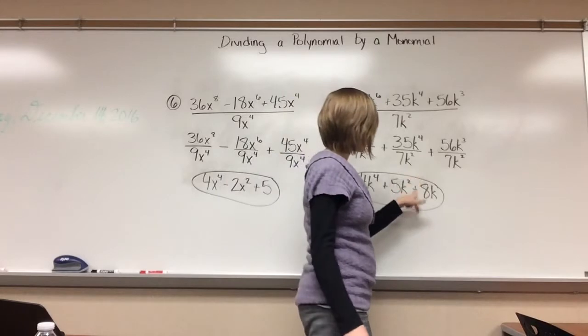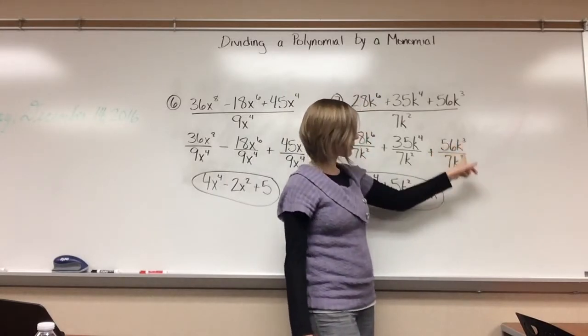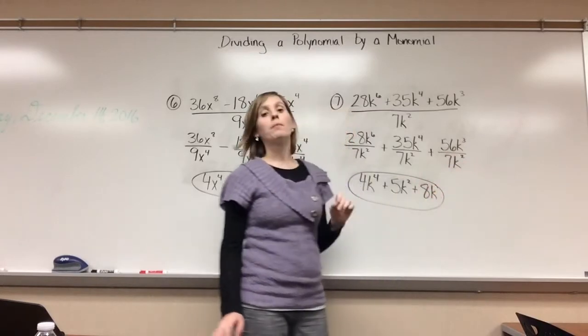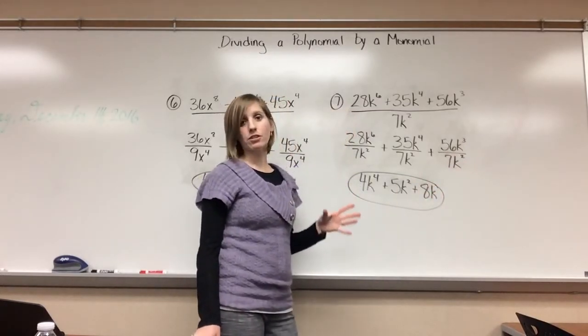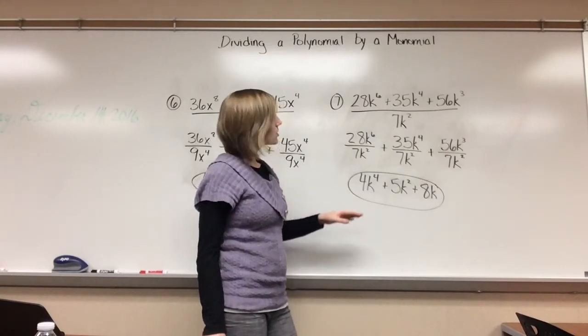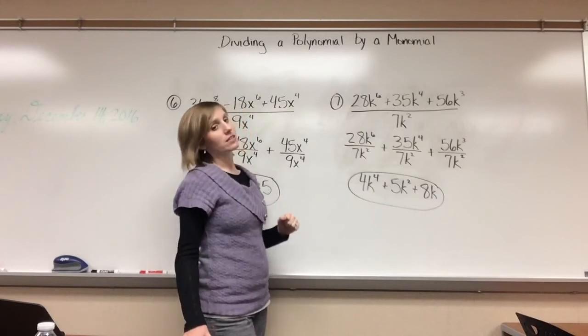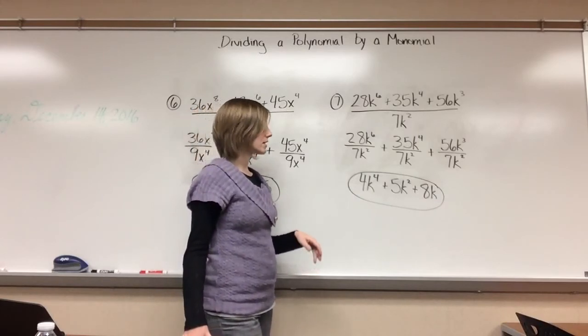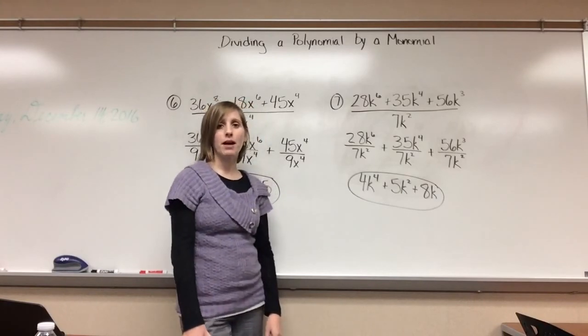And then my addition sign. 56 divided by 7 is 8, and then 3 minus 2 is 1. Remember, if the exponent is 1, you don't need to write it, and they won't write it for a multiple choice answer. So our answer for problem number 7 is 4k to the 4th plus 5k to the second plus 8k. And that's the end of our lesson on dividing a polynomial by a monomial.